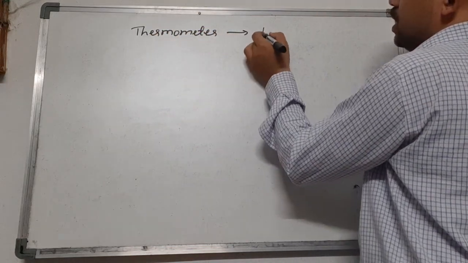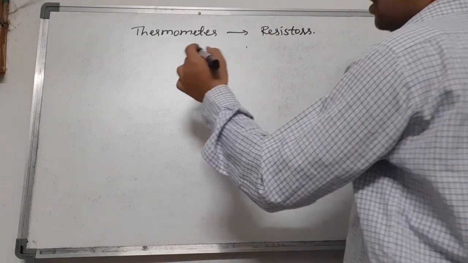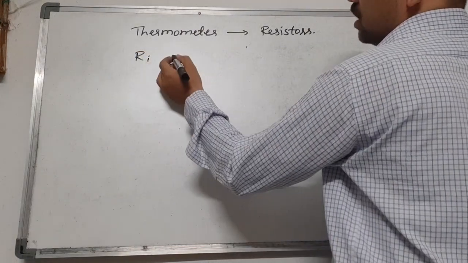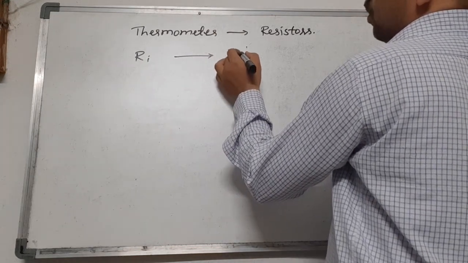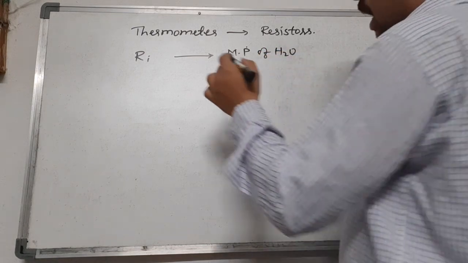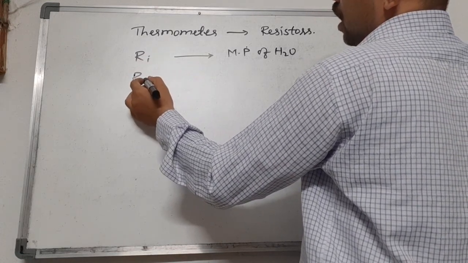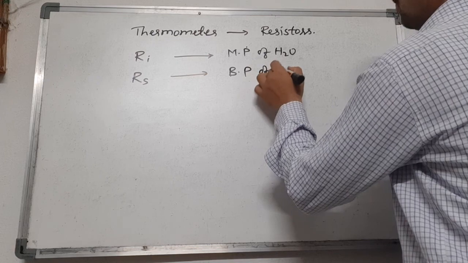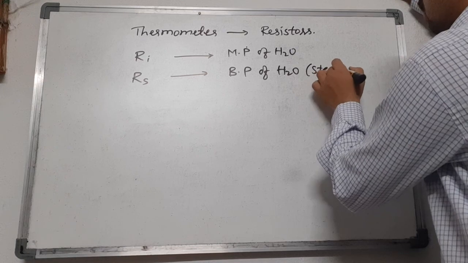Suppose some resistance Ri, the initial resistance, denotes the melting point of water, and resistance Rs denotes the boiling point of water, the steam point of water.